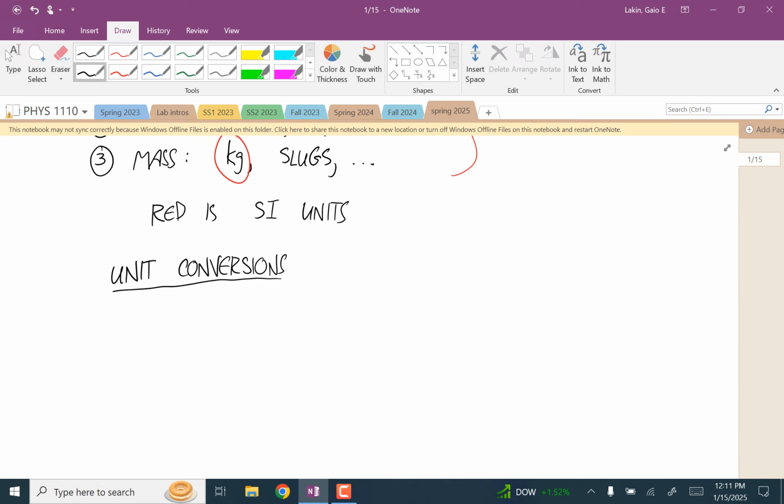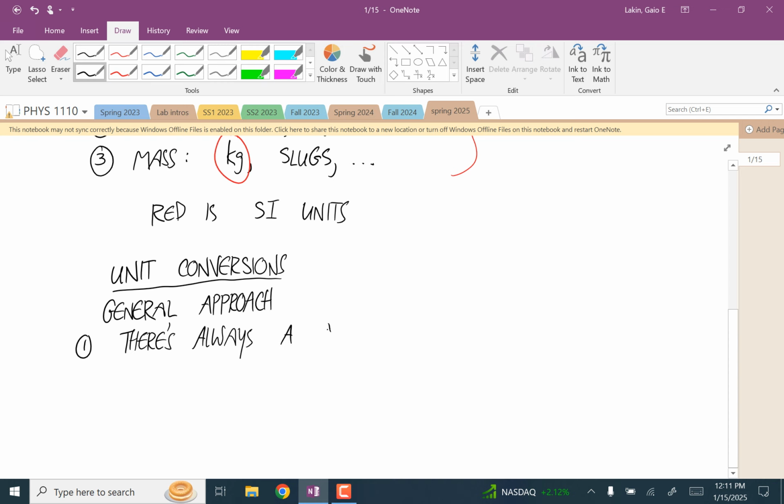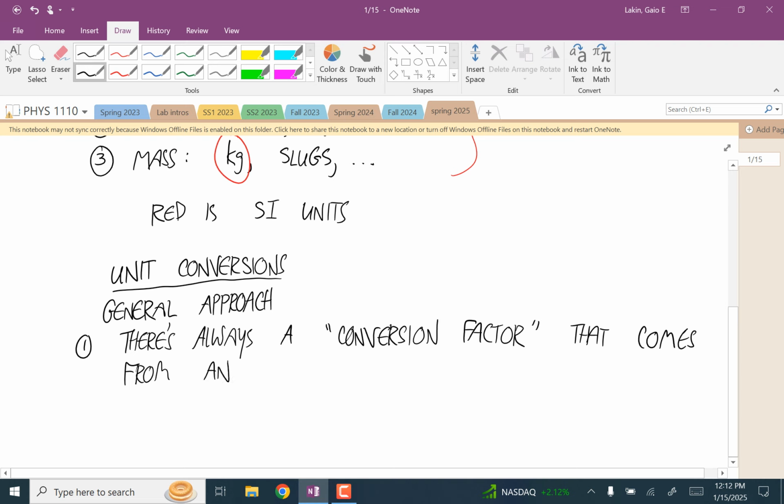So the general approach for doing a unit conversion: first of all, there's always a conversion factor that comes from an equation of unit types, of units.